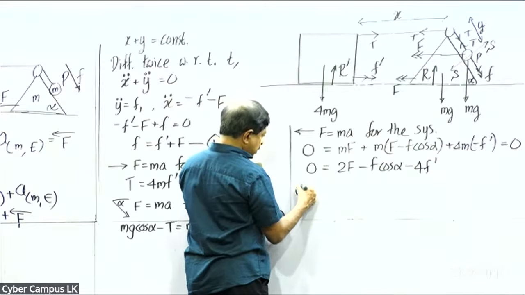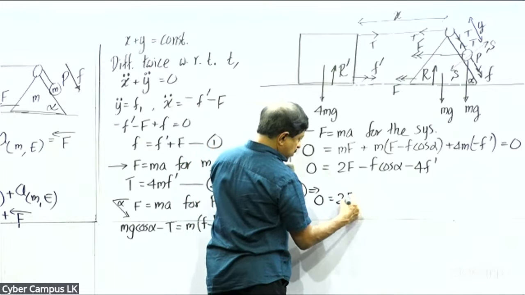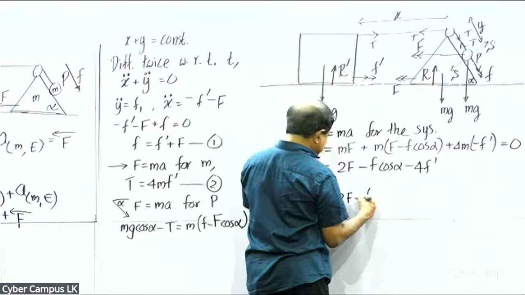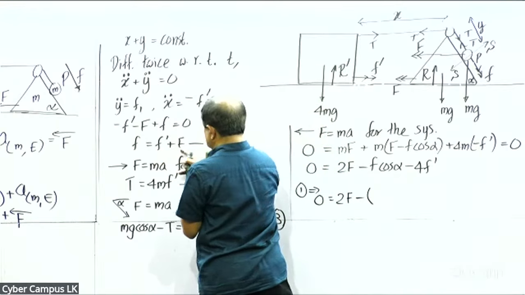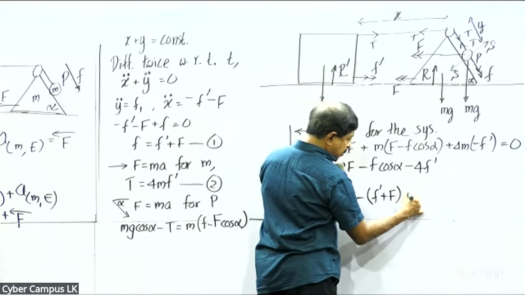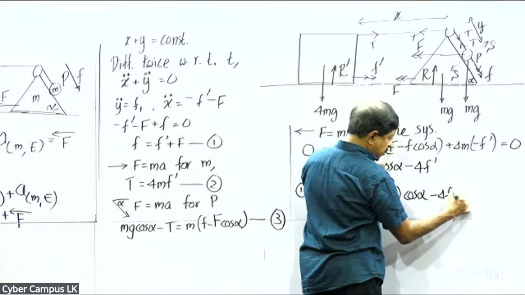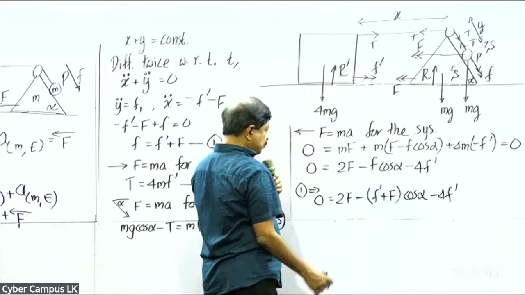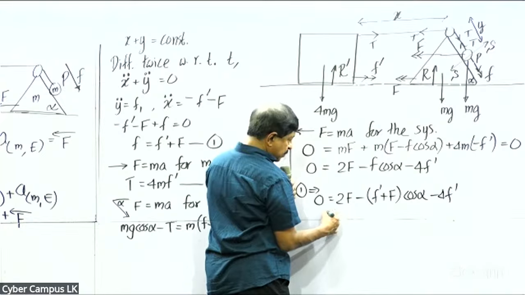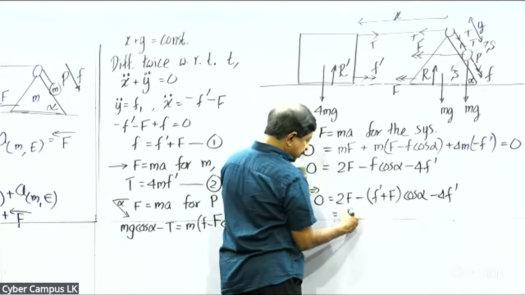So from 1, whenever you have simple F, we replace it by F dash plus capital F. So you have 2F minus F cos alpha.